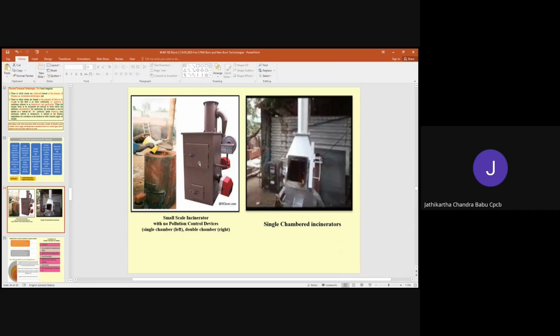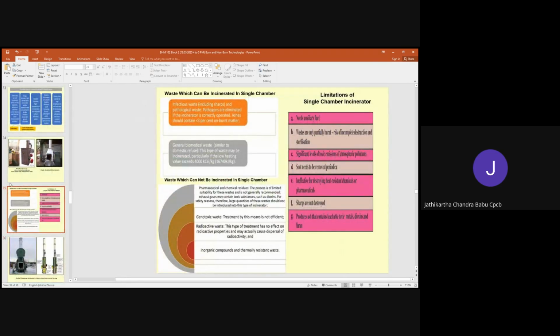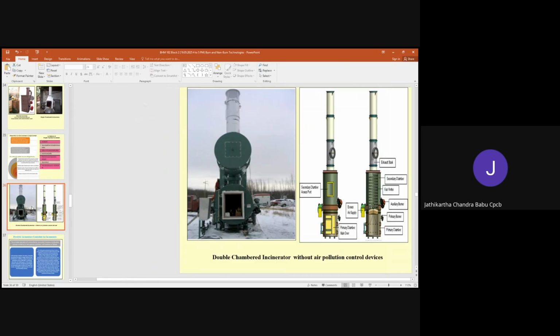The second variety may be having 2 chambers, primary chamber and secondary chamber, with burners and air supply, but no air pollution control system. Gases coming from the secondary chamber are emitted directly into the atmosphere. Therefore, single chamber incinerators or double chamber incinerators without APCD are not presently allowed at all, because they cause a lot of impact on the environment. This is the primary chamber and this is the secondary chamber.